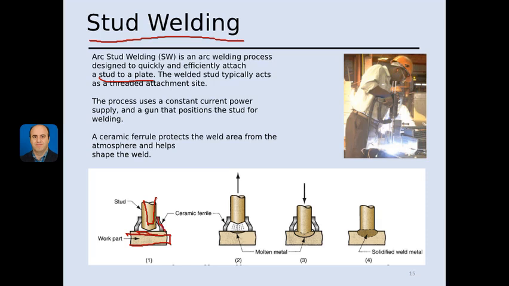Then we have a ceramic ferrule around the stud. Then an arc is going to be formed between the stud and the work metal or workpiece. So the arc will melt the base metal as well as the stud.